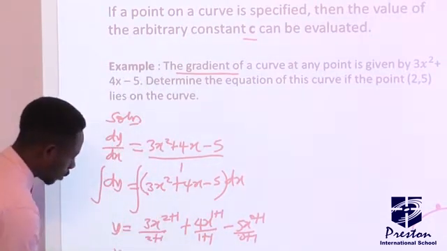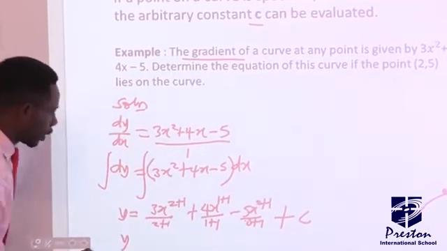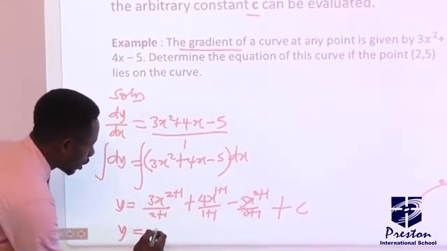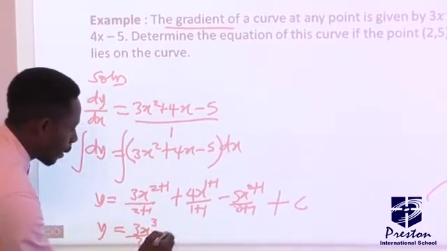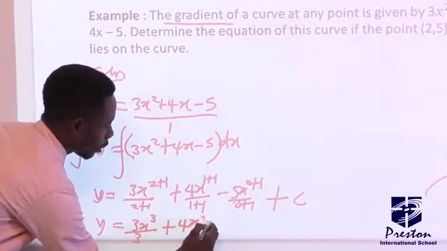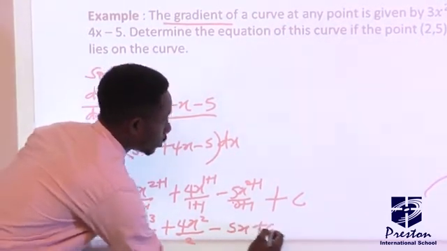Of course, don't forget when we are integrating indefinite, we introduce our constant of integration. This will give us 3x cubed over 3 plus 4x squared over 2, and then minus 5x plus c.